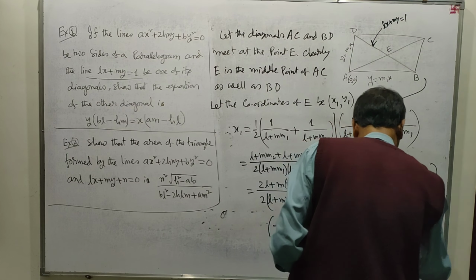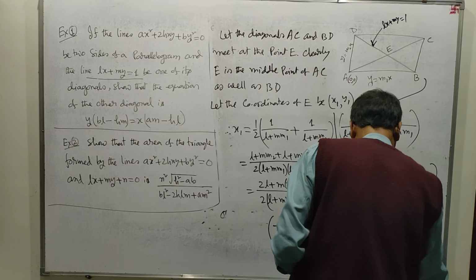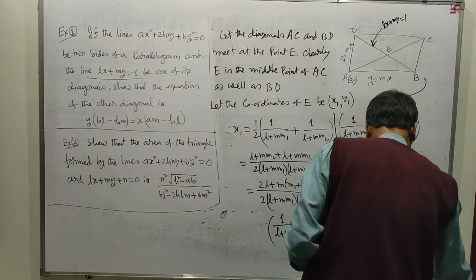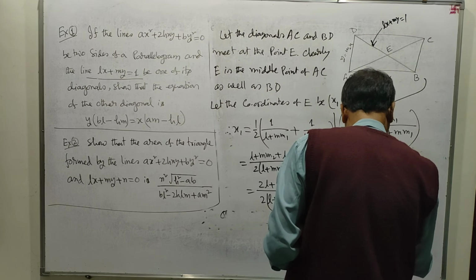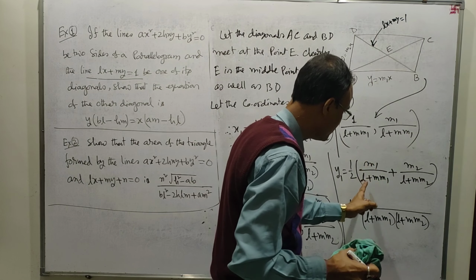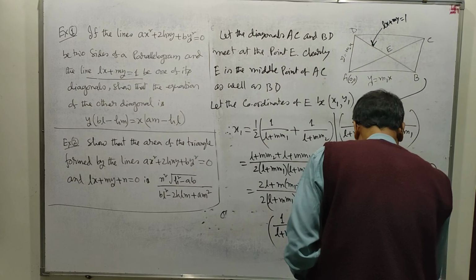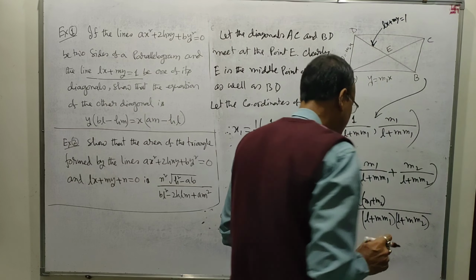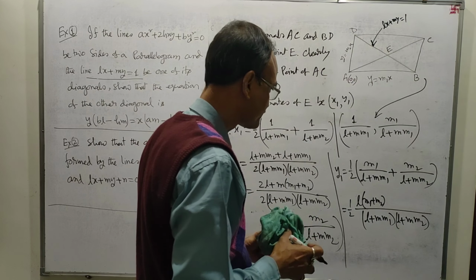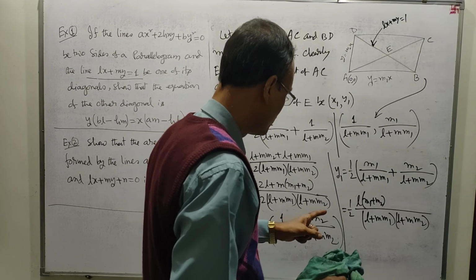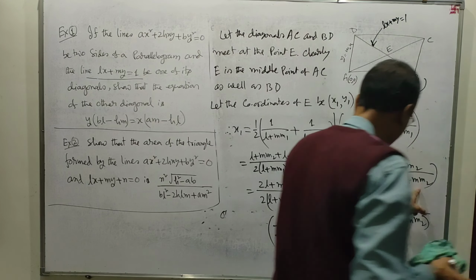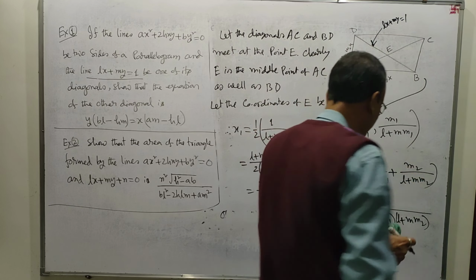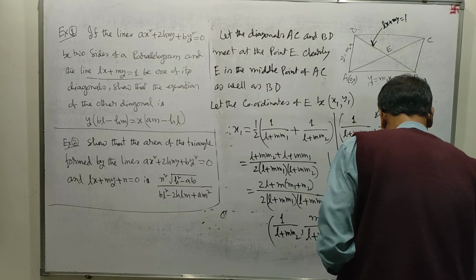This is equal to half L plus mm1, L plus mm2. It will be L m1 plus m2, M into m1 m2 plus m into m1 m2 plus twice m into m1 m2.